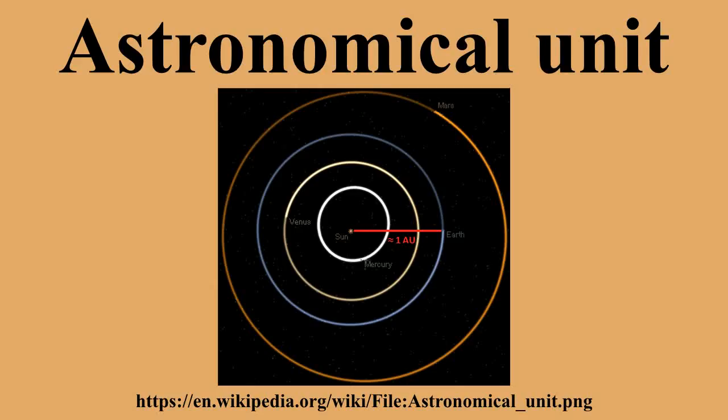A fuller definition that is consistent with general relativity was proposed, and vigorous debate ensued until in August 2012 the IAU adopted the current definition of 1 astronomical unit equals 149,597,870,700 meters.